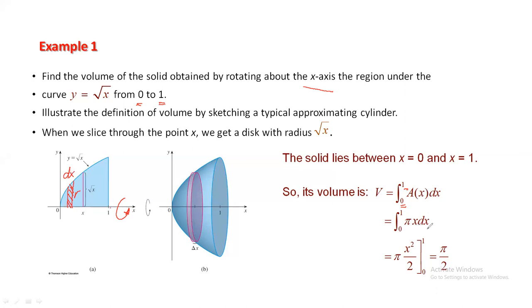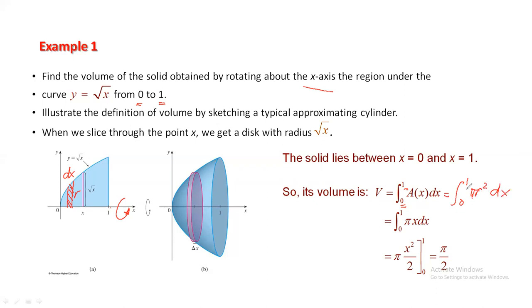Wait, class. Volume, it should be pi r squared. So I'll write it here because this is abstract. So 0 to 1, you will have pi r squared dx.